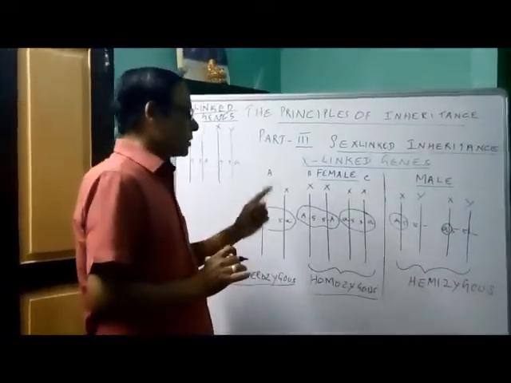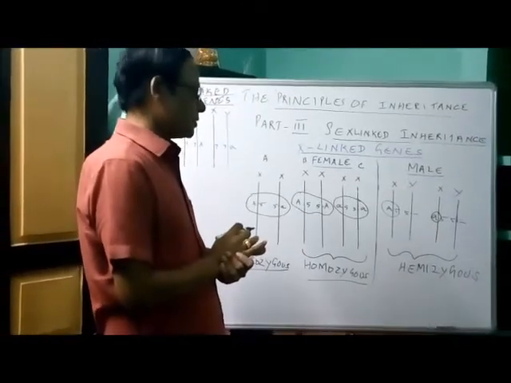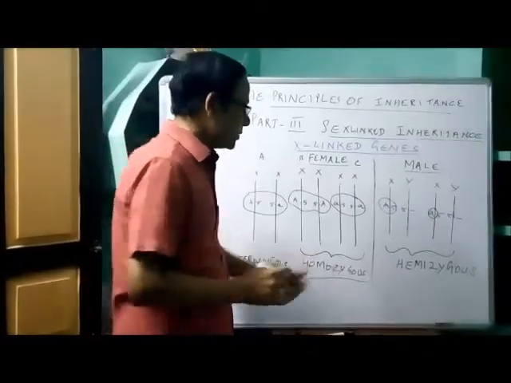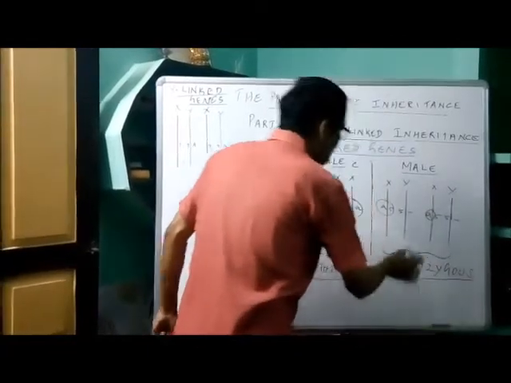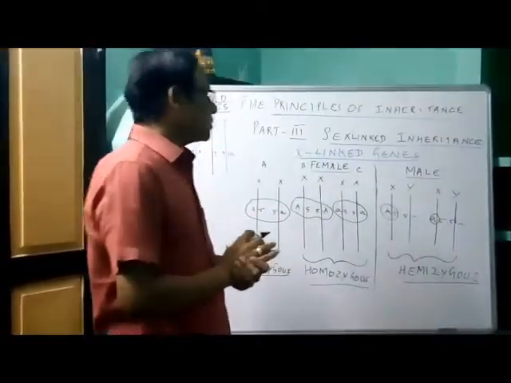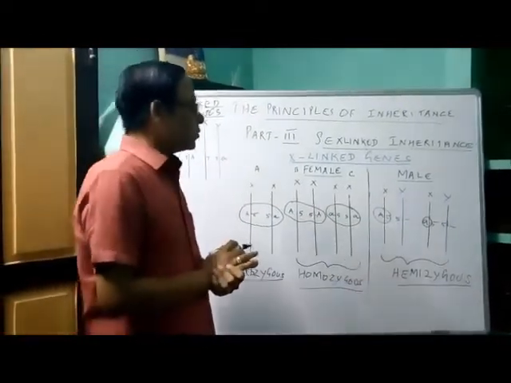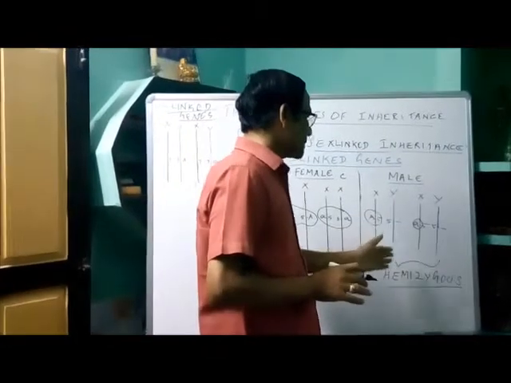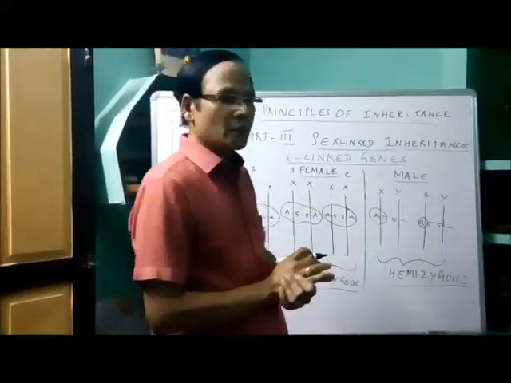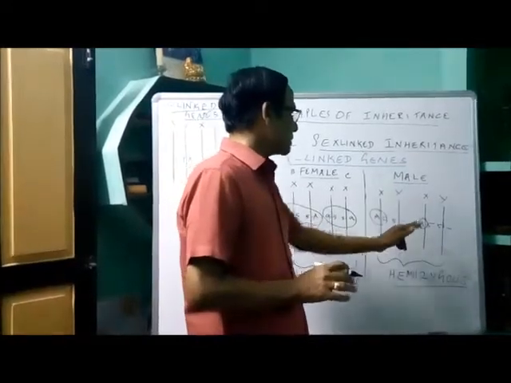So as they have only one gene or allele for a character or a trait, that is considered to be hemizygous. So the females are either homozygous or heterozygous for a particular trait, whereas the males are hemizygous because they have only one allele for that particular character, either the dominant allele or recessive allele.